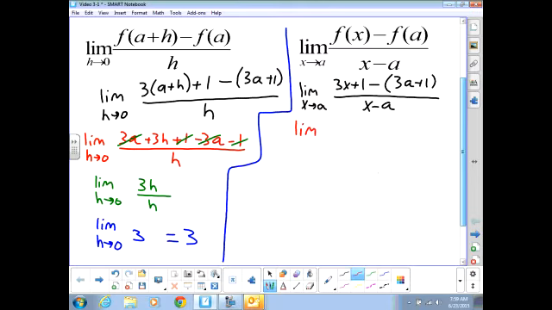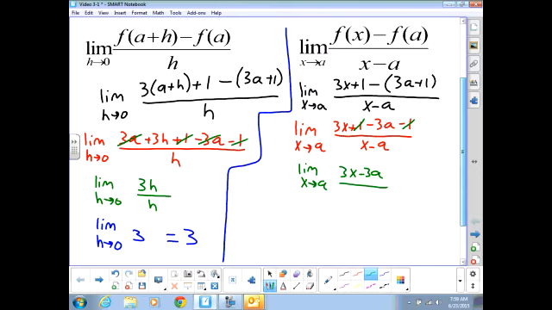We'll get the limit as x approaches a of 3x plus 1 minus 3a minus 1 all over x minus a. Our 1's will add to 0, and we'll be left with the limit as x approaches a of 3x minus 3a over x minus a.